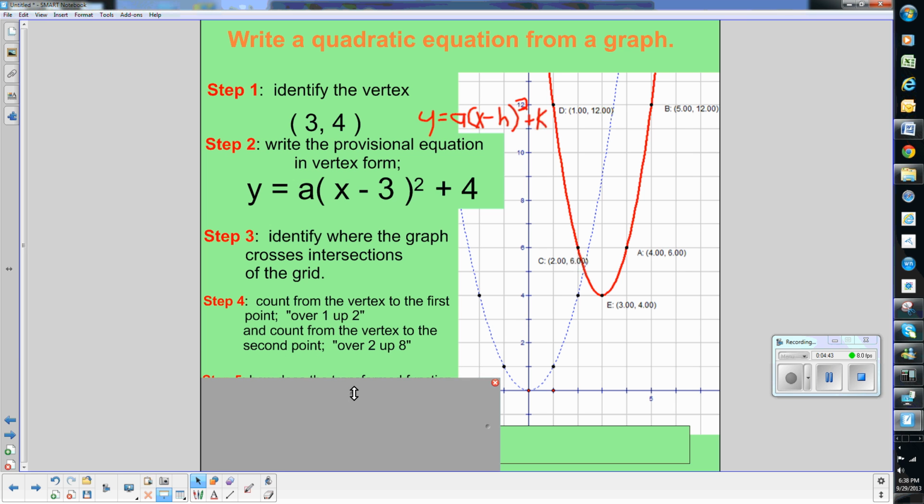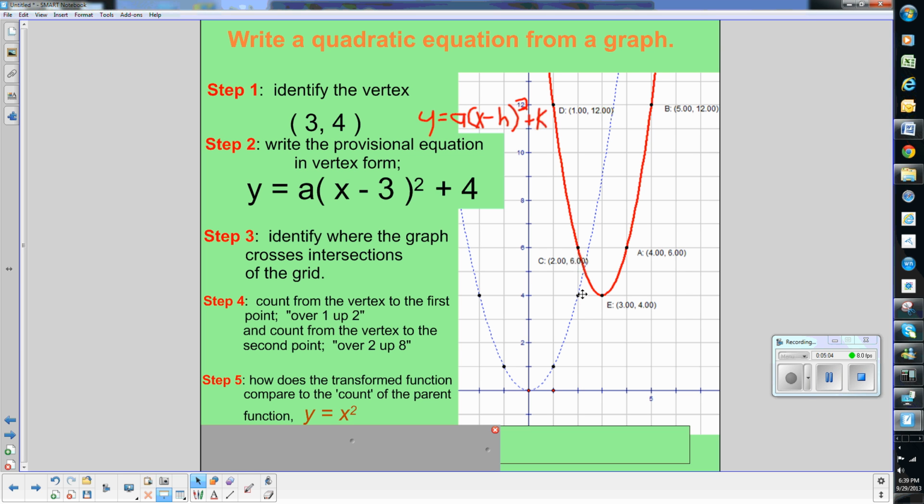Now, compare how the transformed function compares to the count of the parent function y equals x squared. So what's going on here? This goes over 1, up 1, over 2, up 4.